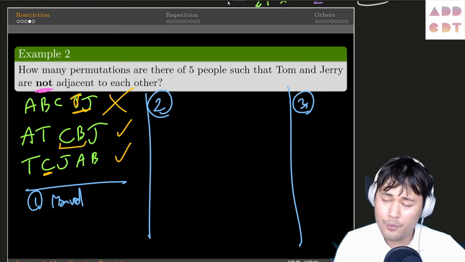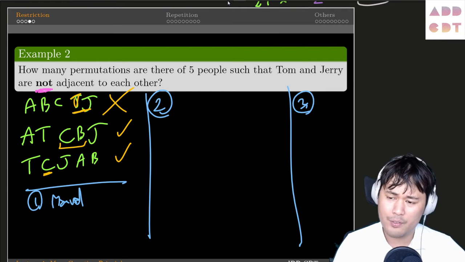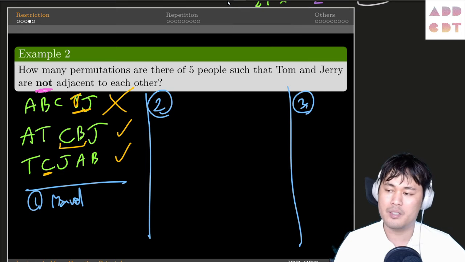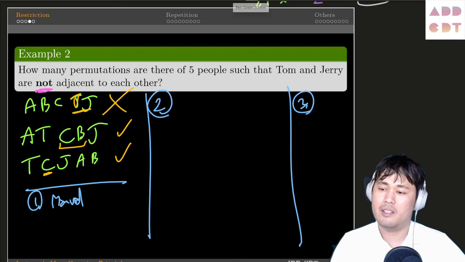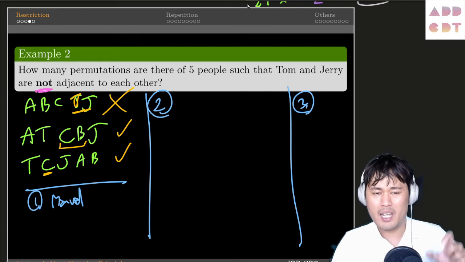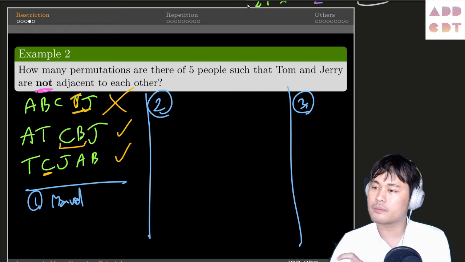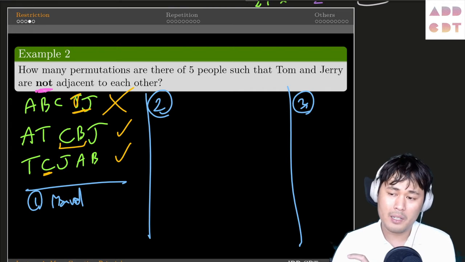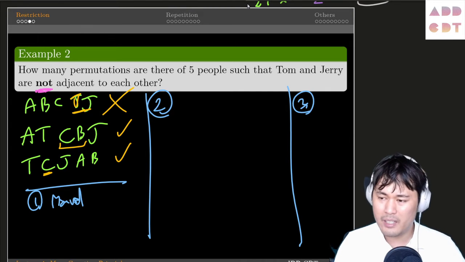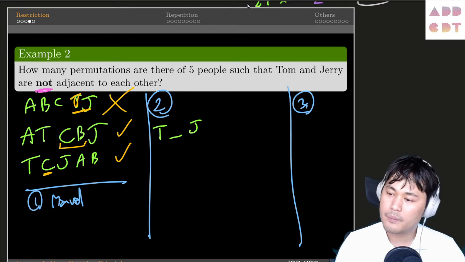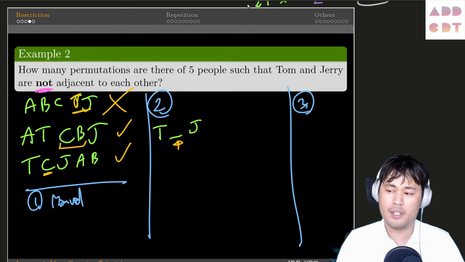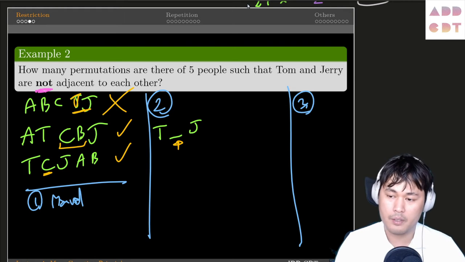Once we read this question, we might have to think about how we can arrange Tom and Jerry so that they are not adjacent to each other. If they are not adjacent, that means there must be at least one person between them. So out of all configurations, there will be some where Tom and Jerry are separated by exactly one other person.